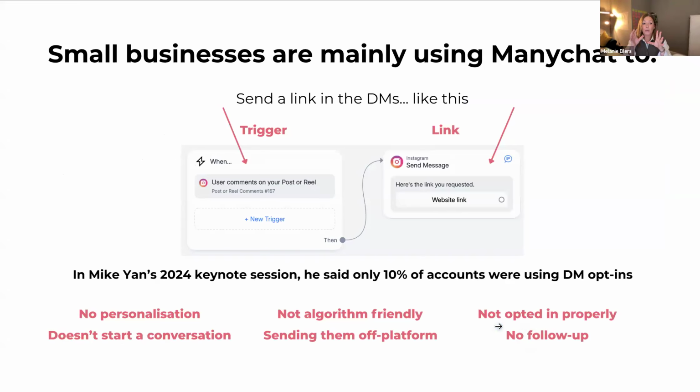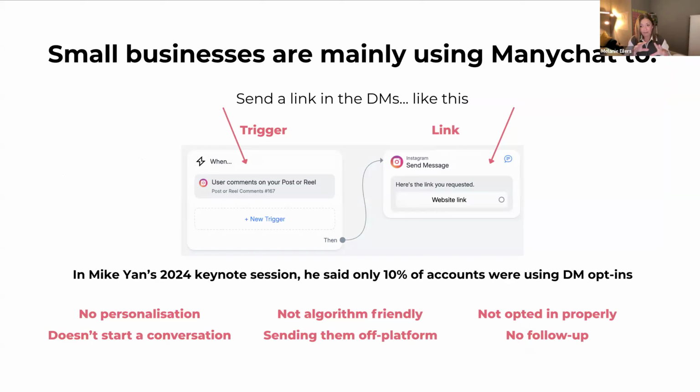So when I look at small businesses using Manychat, this is predominantly what I see. They are sending a link in the DMs exactly like that image there. So they are using the post and reel trigger, and that is bringing the user into the DMs, and then they are sending them a website link.